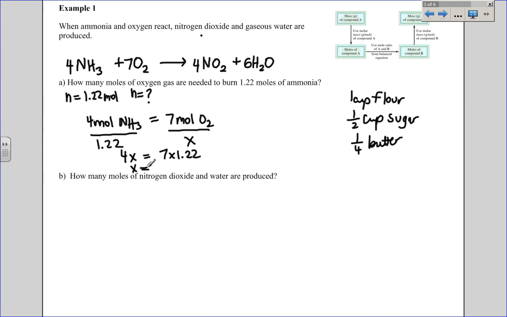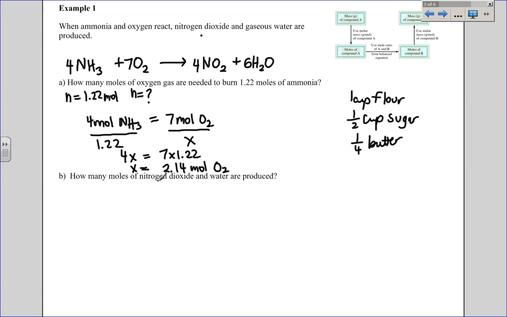And I will solve for X by dividing by 4, and I am left with 2.14 moles of oxygen. So therefore, I will need 2.14 moles of oxygen to react with 1.22 moles of ammonia.